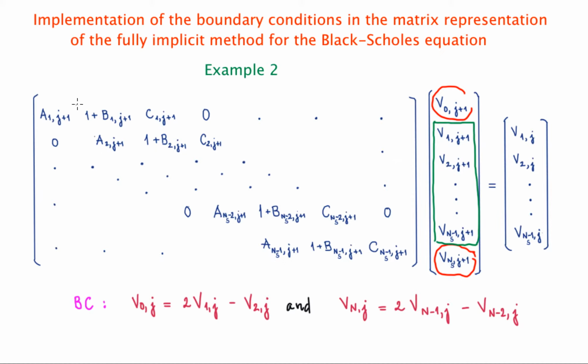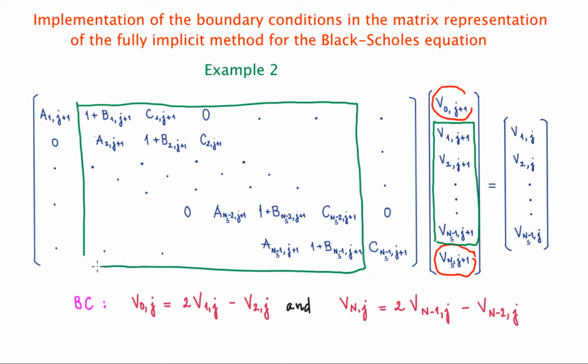And the center of the matrix is applying to these components of the V vectors. That's going to be our square matrix, because the aim here again will be to transform this non-square matrix into a square matrix. But what we need is to implement here the boundary conditions.